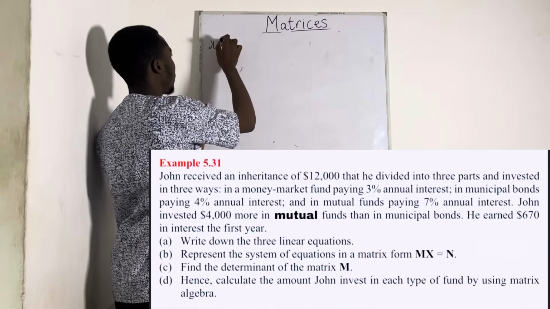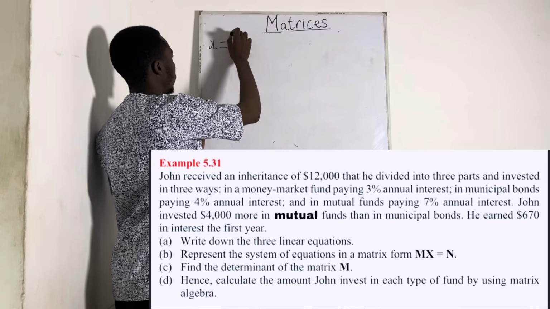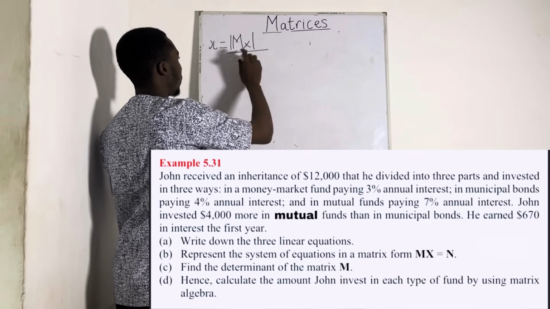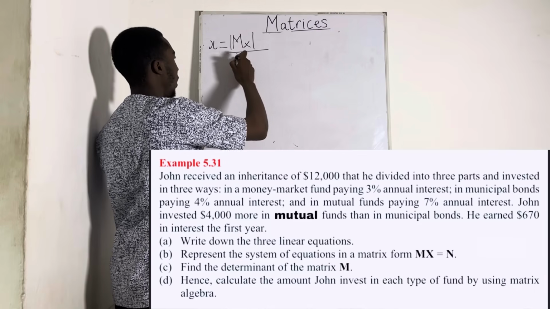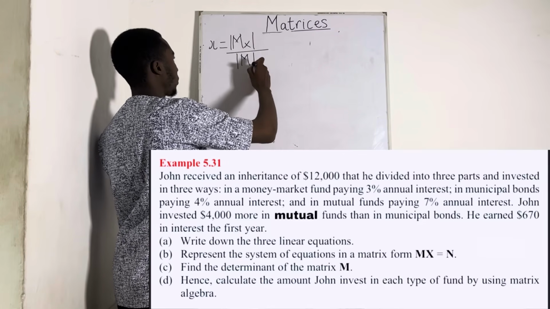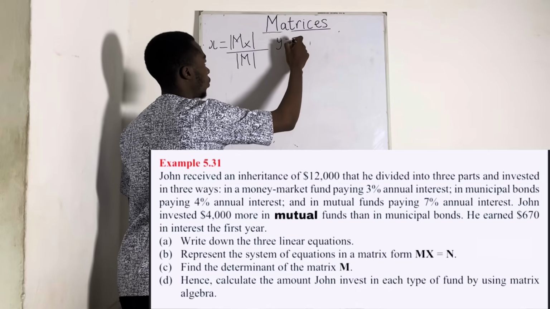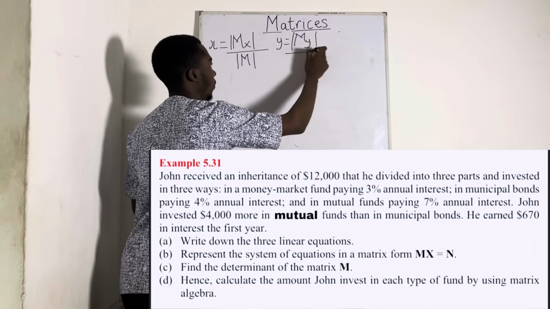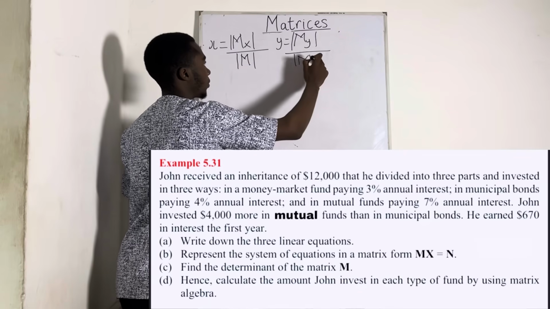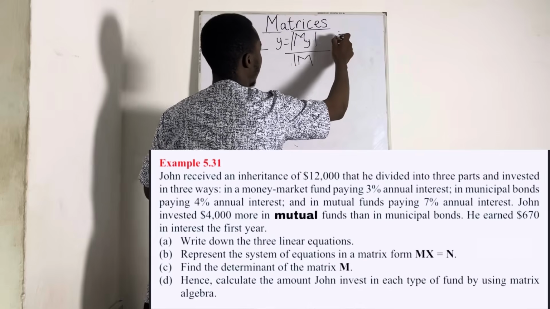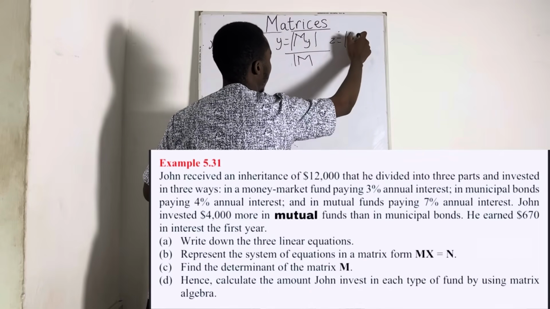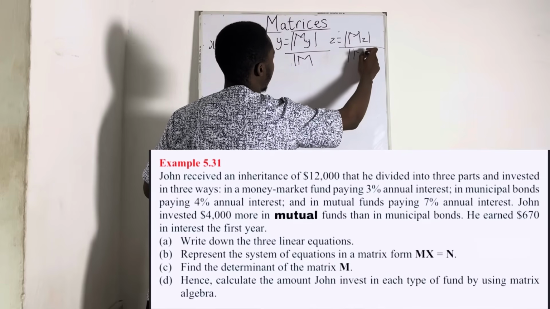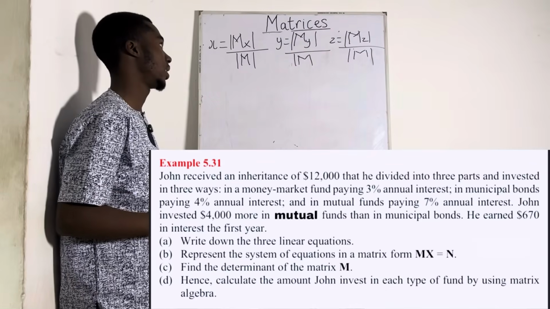So if you want to find X, according to the Cramer's rule, X is equal to the determinant of the matrix X, or MX, over the determinant of M. Then Y is equal to the determinant of the matrix Y over the determinant of M. Then finally, for Z, Z is also equal to the determinant of the matrix Z over the determinant of M. So don't worry, we are going to take it step by step.